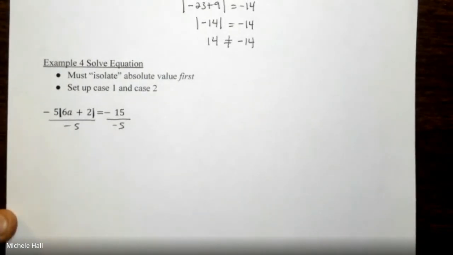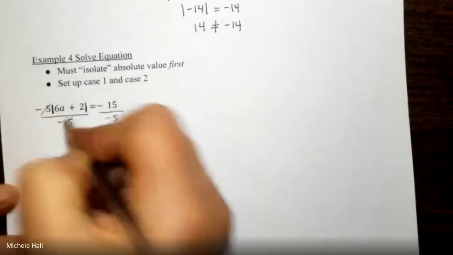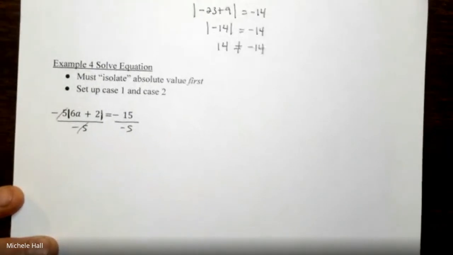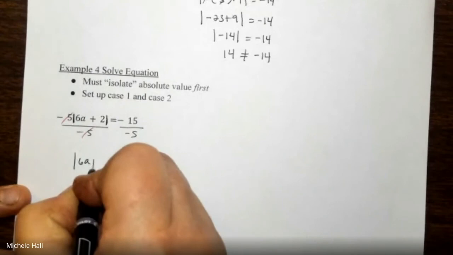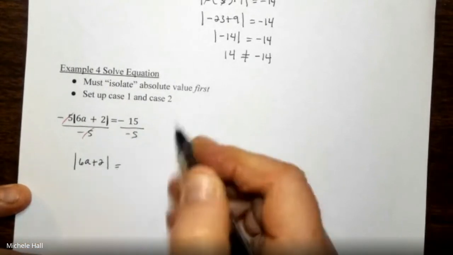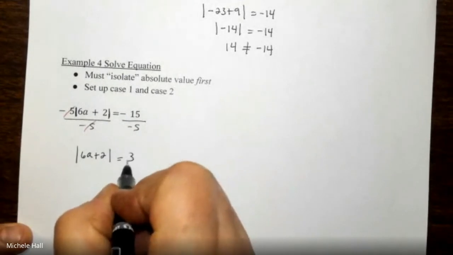My -5 in the numerator is canceling with my -5 in the denominator. And I'm left with the absolute value of 6a plus 2 equals -15 divided by -5 is a +3.